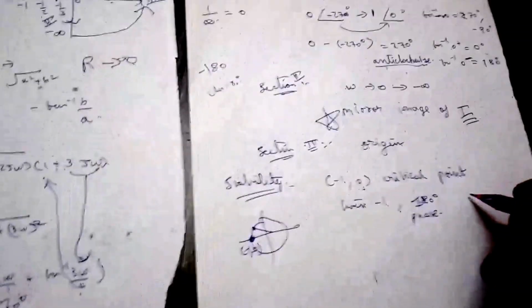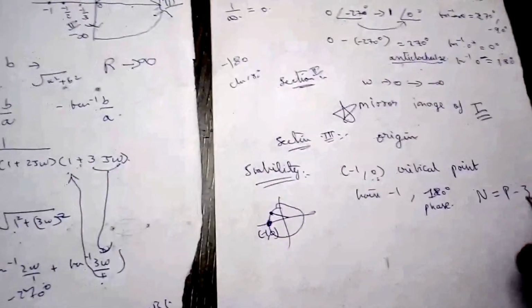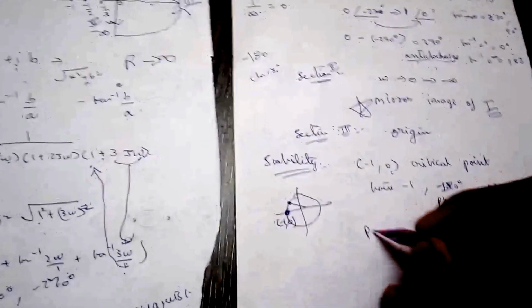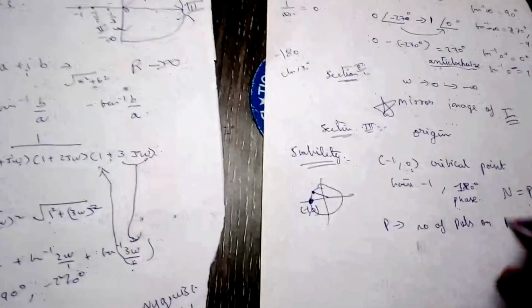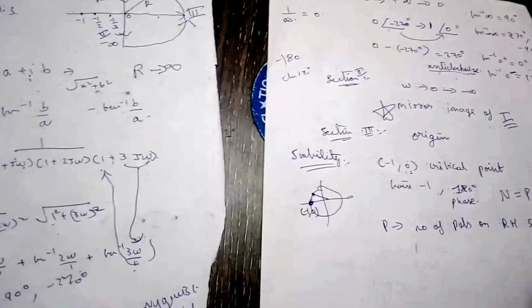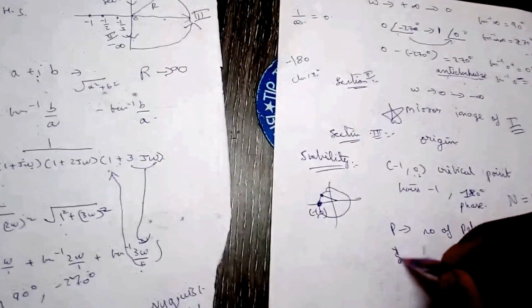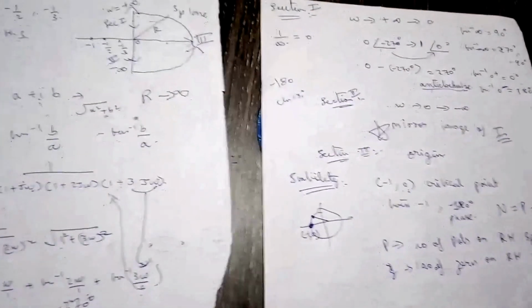And in the Nyquist plot, the stability is considered using the equation N equal to P minus Z, where P is the number of poles on the right half of the S plane, and Z is the number of zeros on the right half of the S plane.